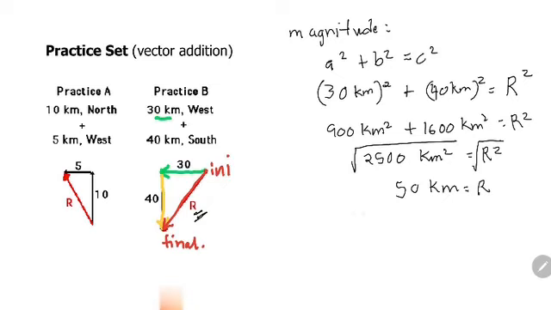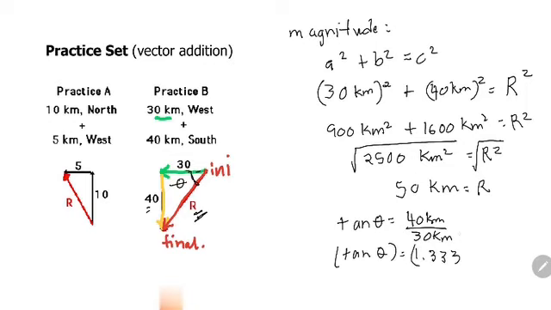I told you, doon ka pupunta sa tail. Okay, so ang kanyang opposite now ay 40. Ang kanyang katabi ay 30. So, tangent theta. Opposite niya ay 40. Katabi niya ay 30. 40 over 30. 1.3333. Multiply both sides by arctangent.